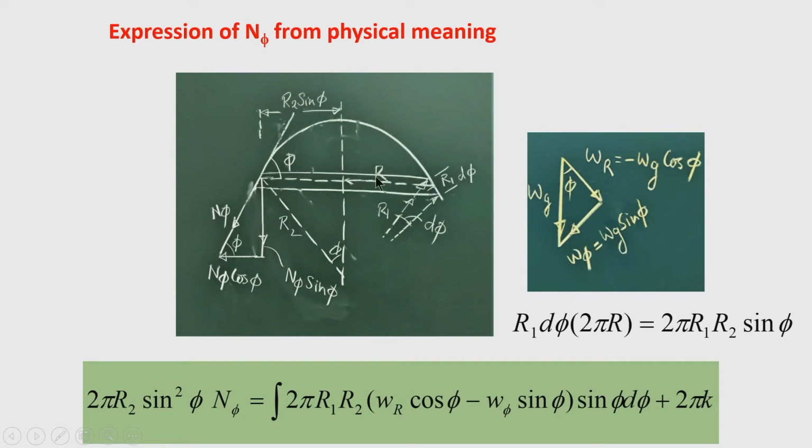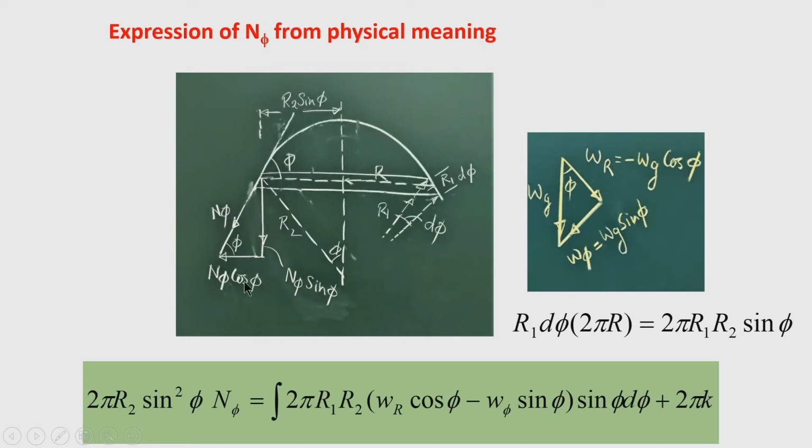So, r can be written as r equal to r 2 sin phi. Now, you can see here the direction of n phi is along the meridian, tangent to the meridian. So, this is n phi, and this angle is phi again. So, the vertical component of n phi is n phi sin phi, and the horizontal component is n phi cos phi.